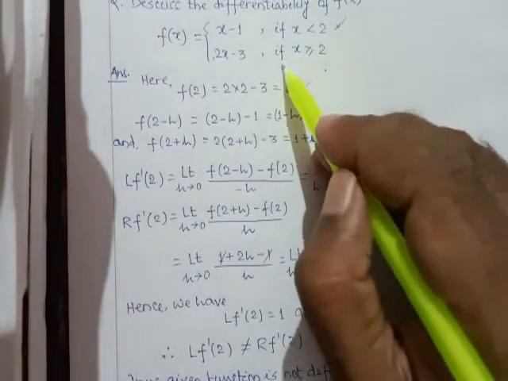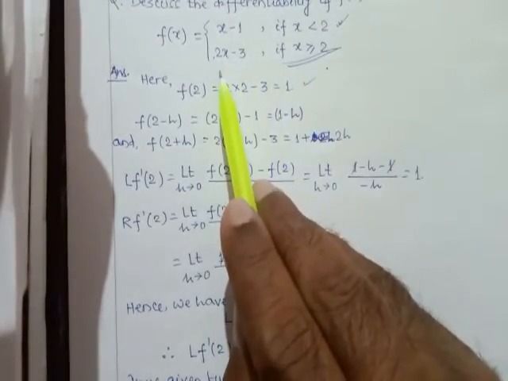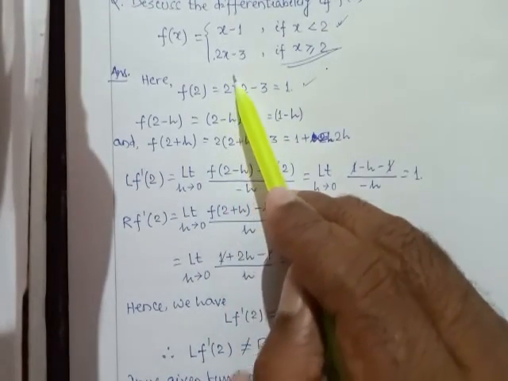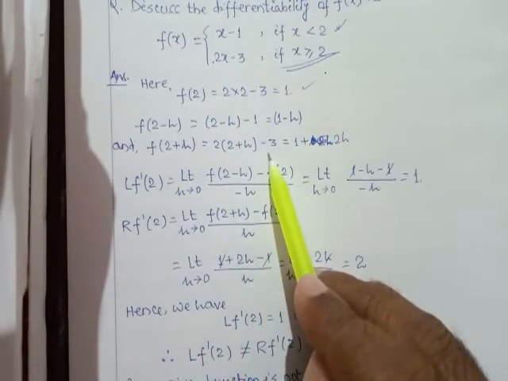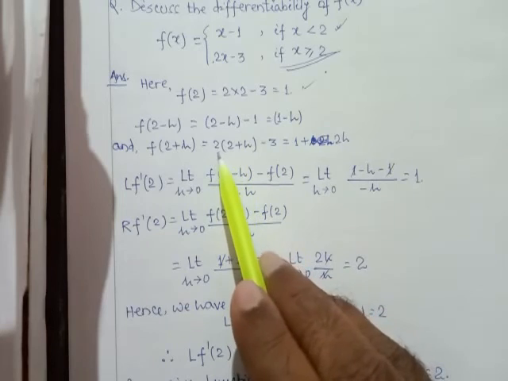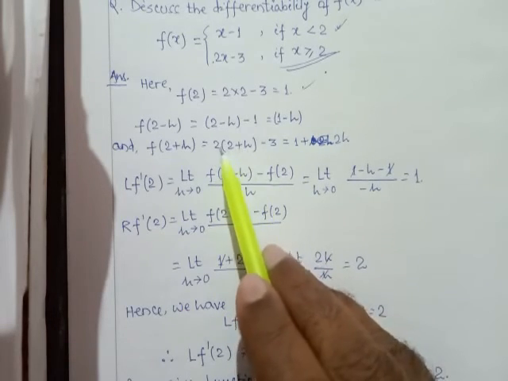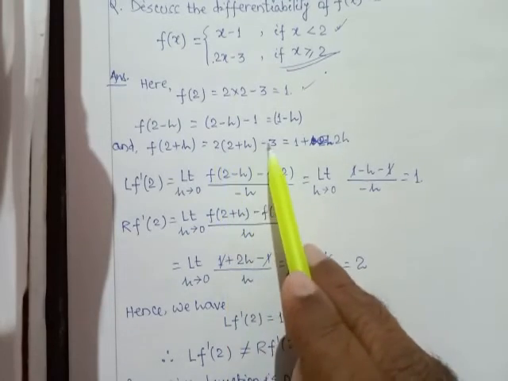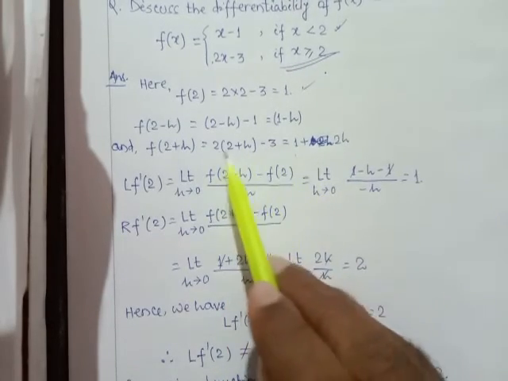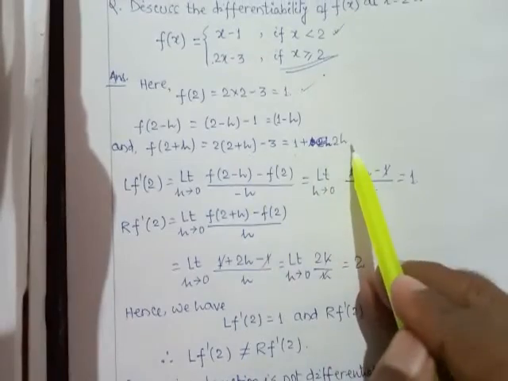So 2 into (2 plus h) minus 3. Open the bracket. It should be 4 plus 2h minus 3. So 4 minus 3 is 1, plus 2h. So these are the three values which we required.